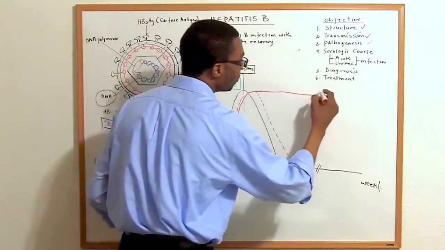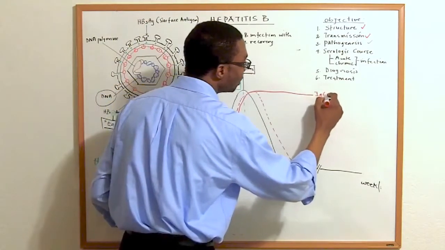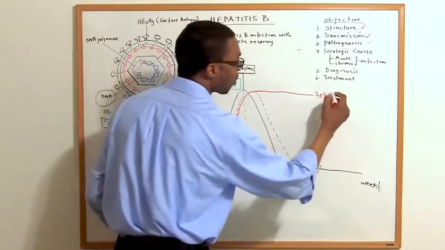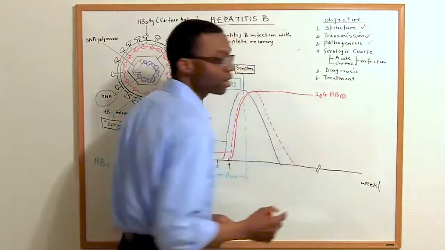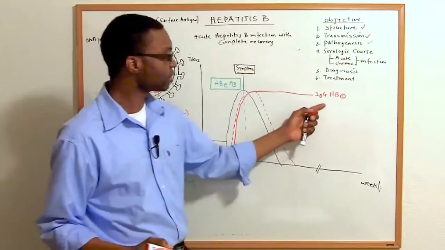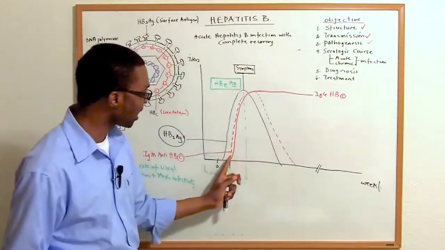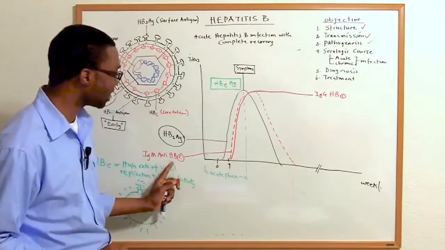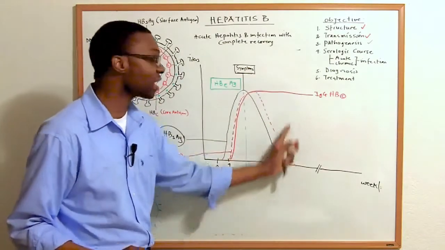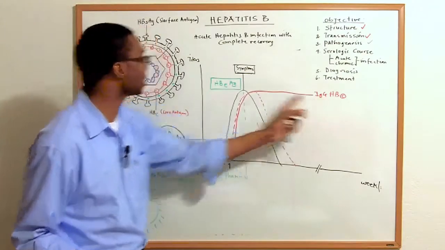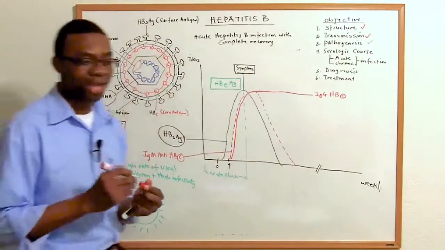So eventually we're going to make IgG against the core, the hepatitis B core antibody, over time. Just at the same time as we are making IgM, see, IgM is going to drop off, but IgM is not going to last. So we want to keep the IgG around against the core antigen.